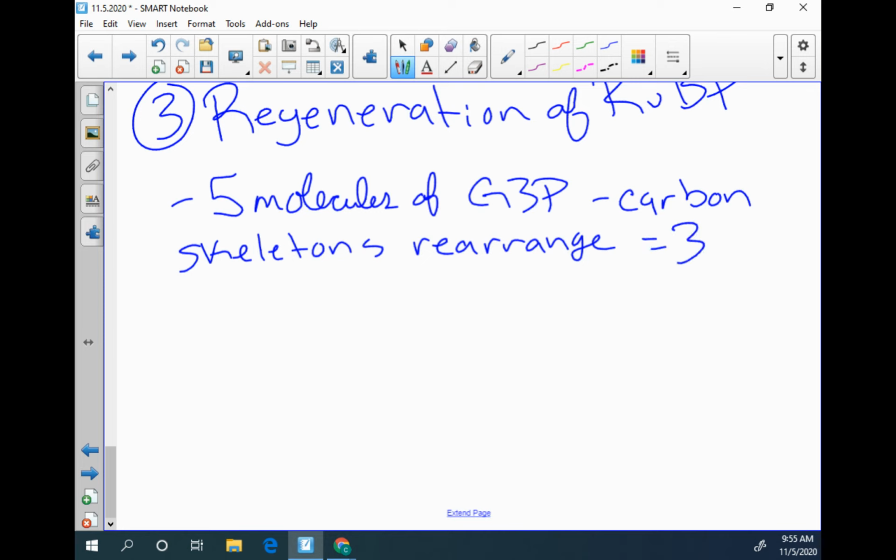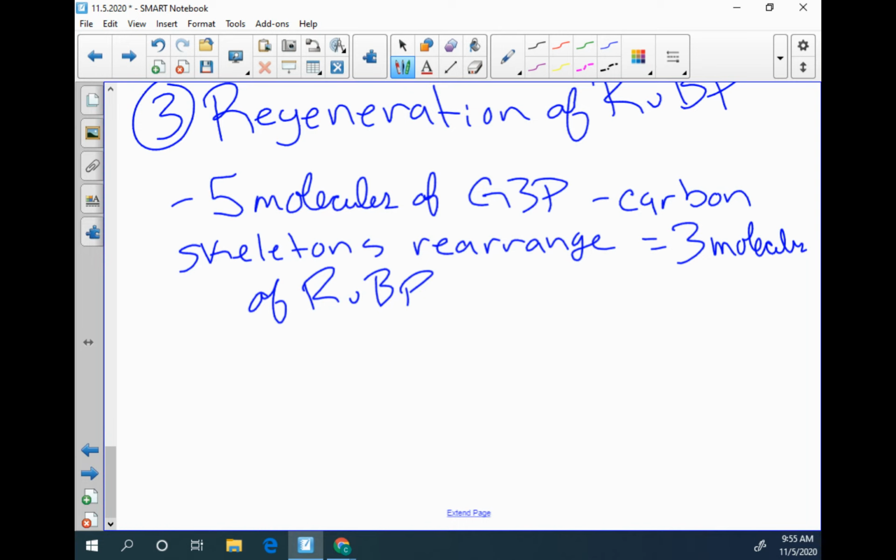And we get 3 molecules of RuBP. So instead of 5 molecules of a 3-carbon sugar, we're getting 3 molecules of a 5-carbon sugar.